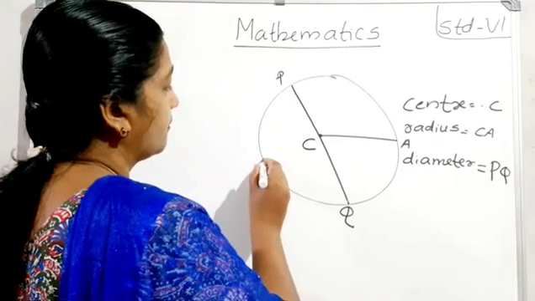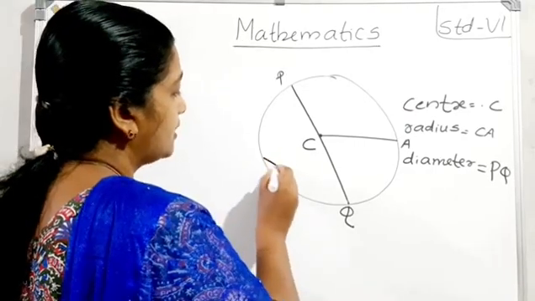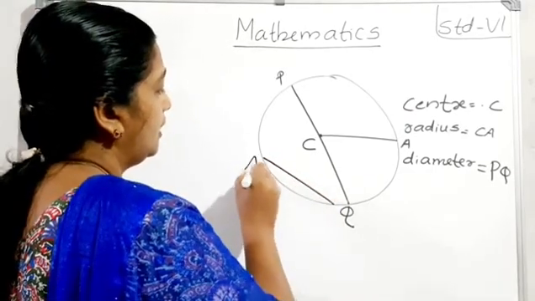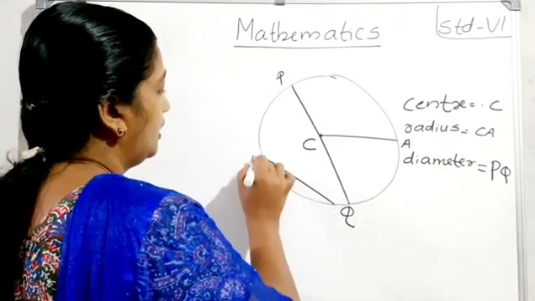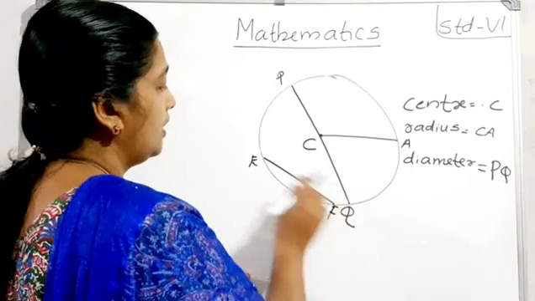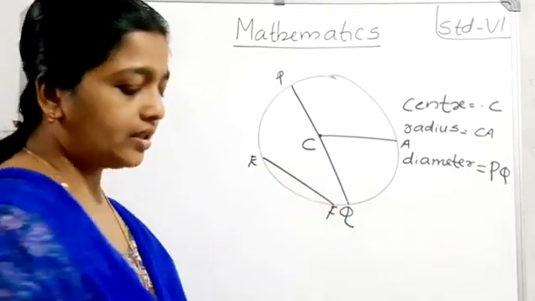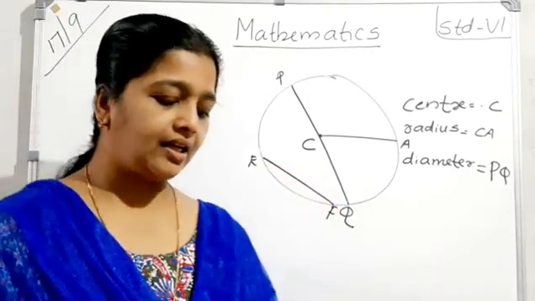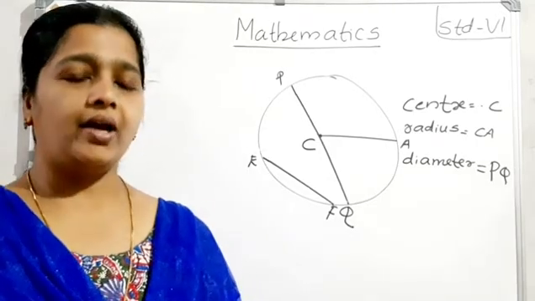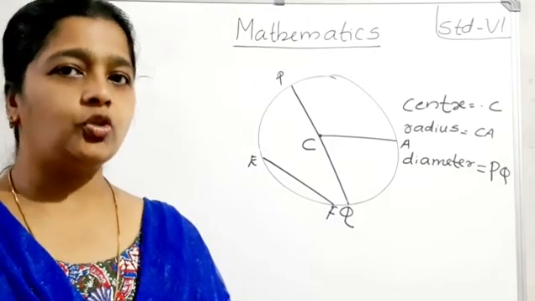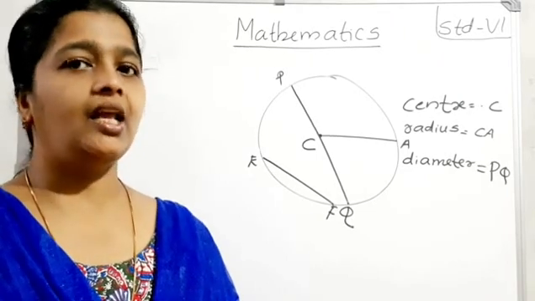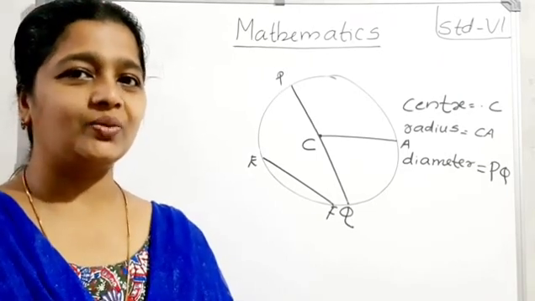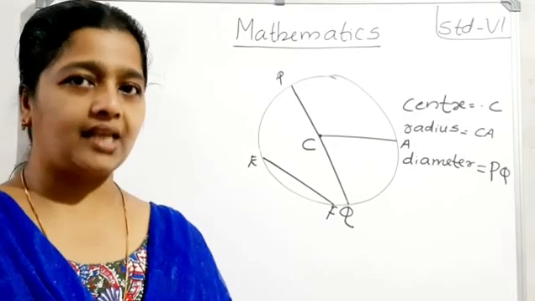Another chord here is EF. A chord of a circle is a line segment joining any 2 points on the circle.